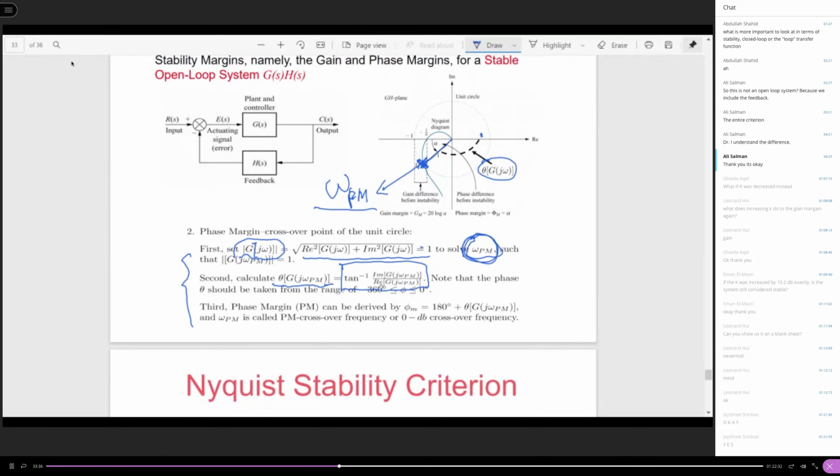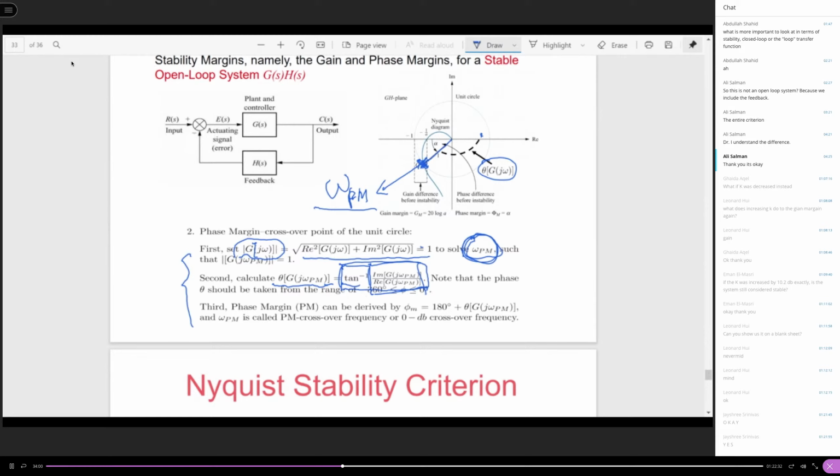Again, you don't need me to tell you why, so this is very easy to figure out. Because right now you already know ω_pm, this value can be calculated, so its angle can be calculated too.